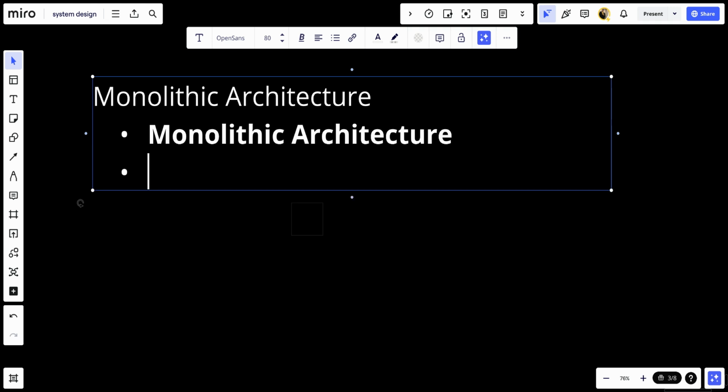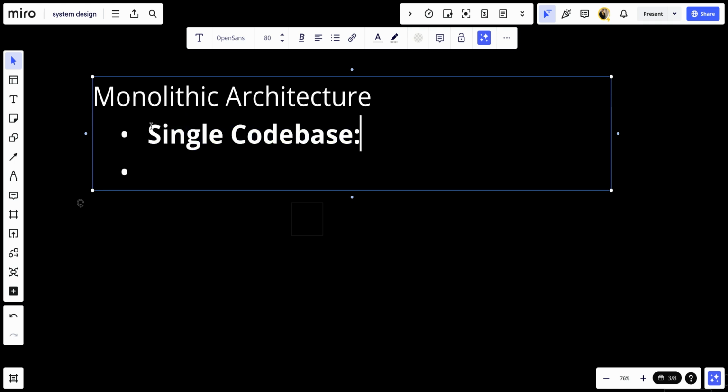The first thing is the single code base. The application is deployed as one large code base. Second, tightly coupled.